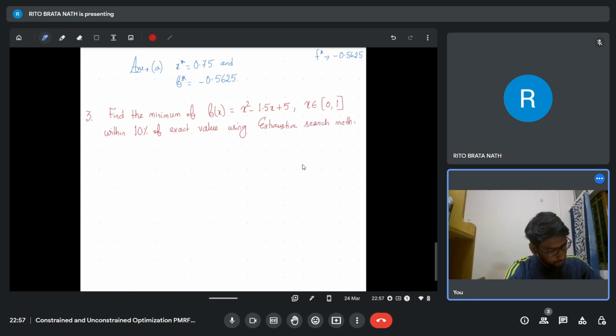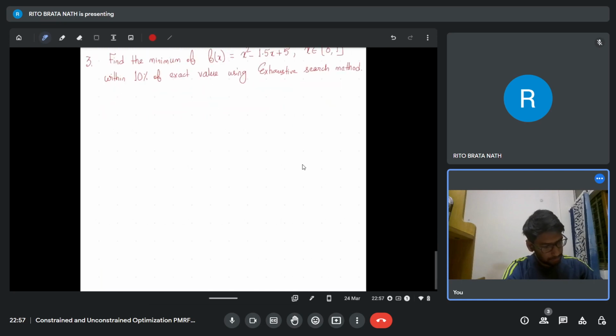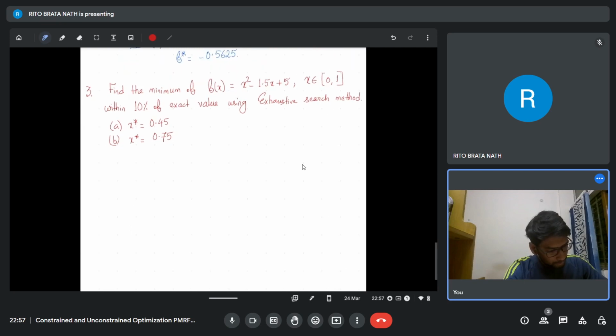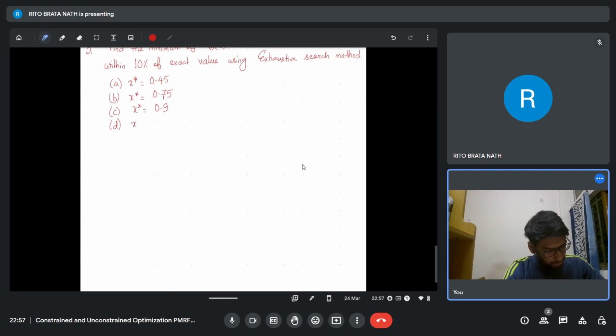The options are: option A is x star equals 0.45, B is x star equals 0.75, C is x star equals 0.9, and option D is x star equals 0.5.